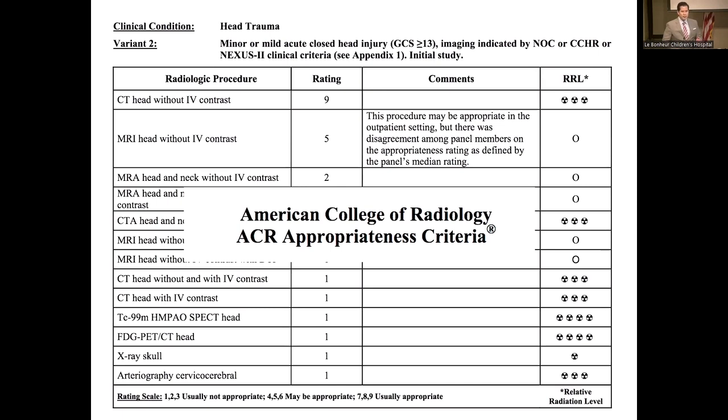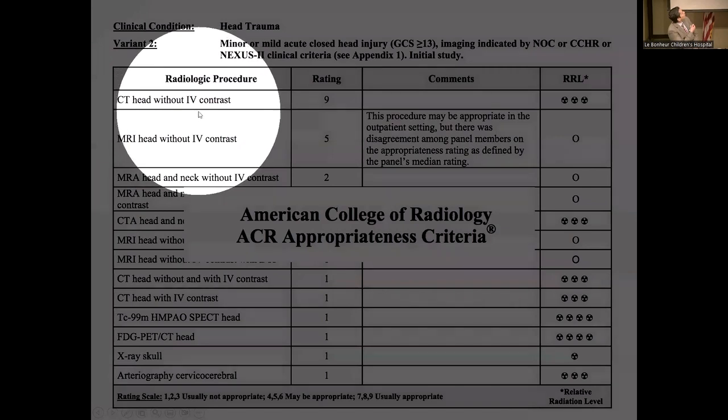After you give the clinical scenario, it will tell you what is the best radiological procedure. It will give you a rating that you can see in the second column, some comments, and then the level of radiation. The rating is going to be from 1 to 9, being 9 the best that you should do. For example, if you're doing a head trauma, the most recommended thing will be CT of the head without contrast.